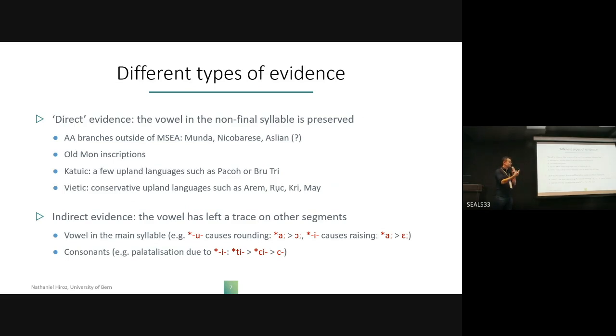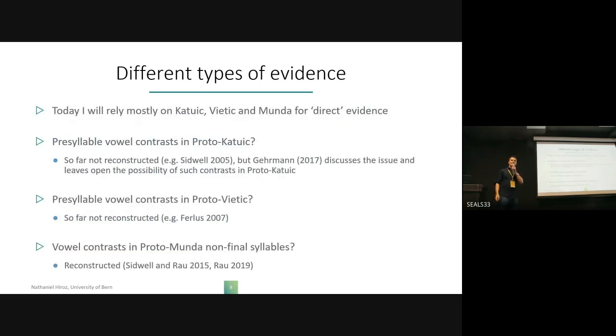So cases of metaphony where, for example, U in the presyllable causes rounding, so A becomes O in the main syllable, or A becomes E after E, and also changes in the consonants with palatalization, for example. Today I will rely mostly on Kituic, Vedic, and Munda, and some kind of triangulation between those branches.